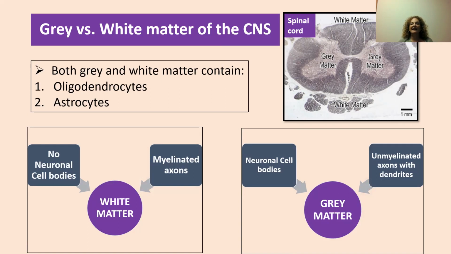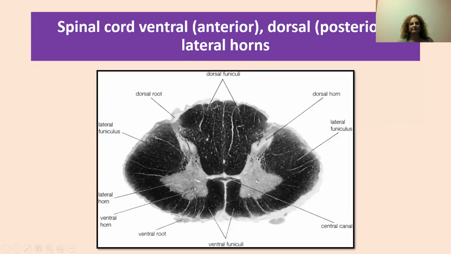So it's myelinated axons within the white matter. Within the gray matter, you're going to find lots of neuronal cell bodies, but you're going to find that the axons are unmyelinated. That's why it's gray. It doesn't have that white myelin sheath surrounding the axons.